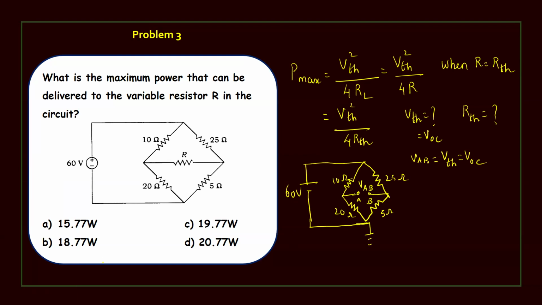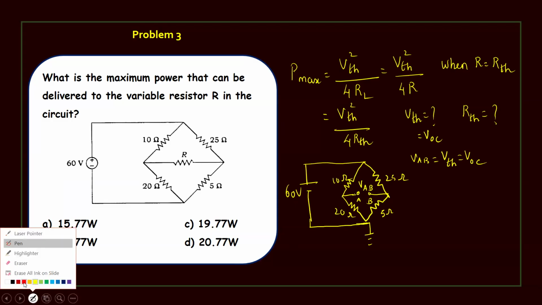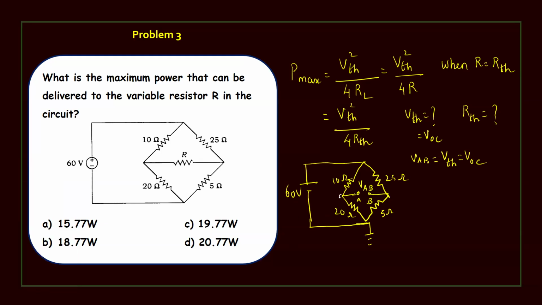Now we need to find the voltage across 20 ohms and the voltage across 5 ohms. See here, take this as VA and this is VB. So VAB equal to VThevenin equal to VA minus VB. Now the voltage across 20 ohms is VA. The voltage across 5 ohms is VB.